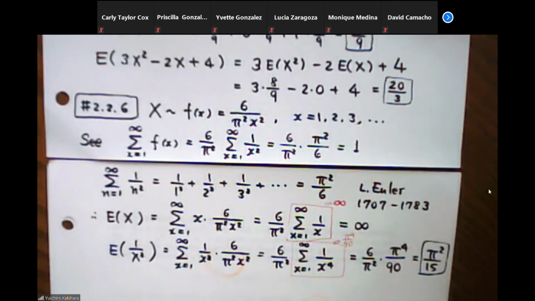I think we're done with this section. Do you have questions? I did mathematical expectation. Up to this section 2.2, we have the midterm.